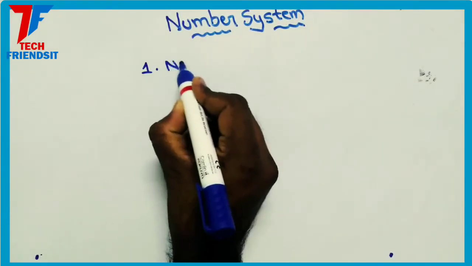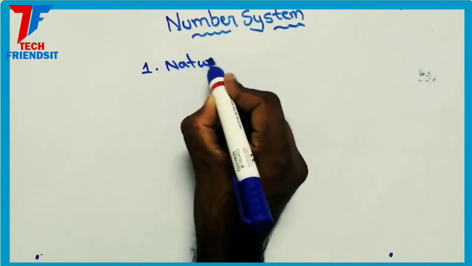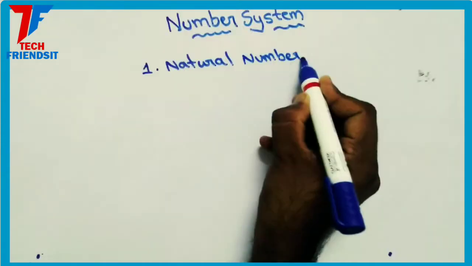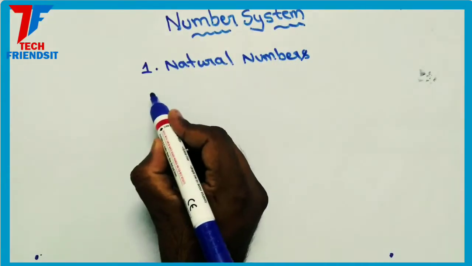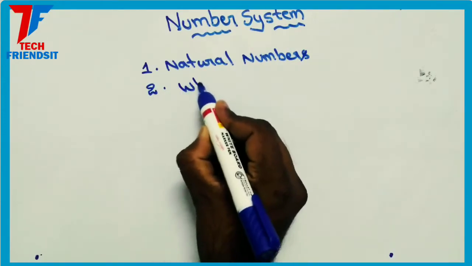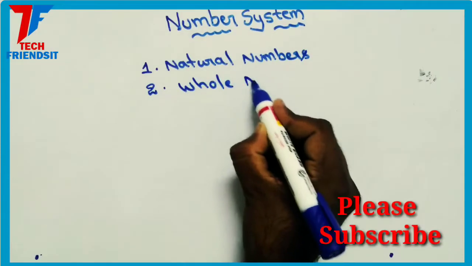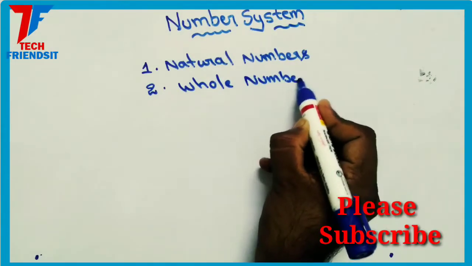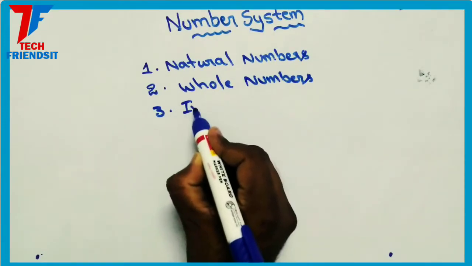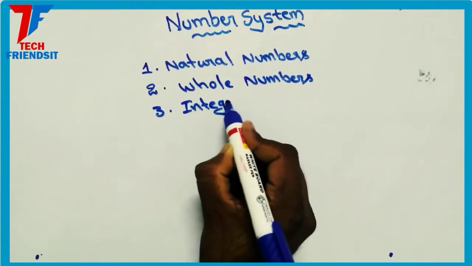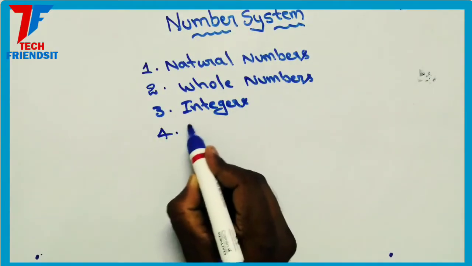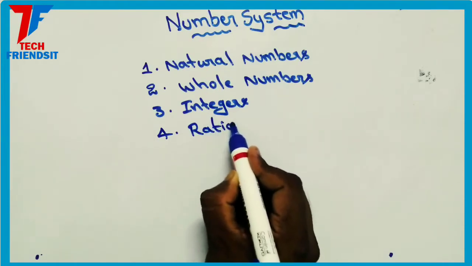Number 1, natural numbers. Two, whole numbers. Three, integers. Four, rational numbers.